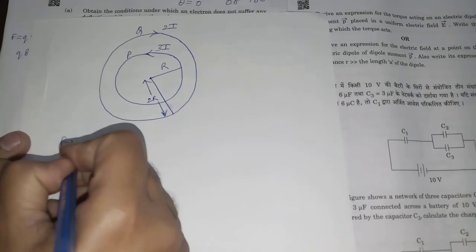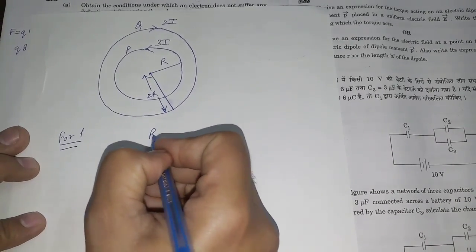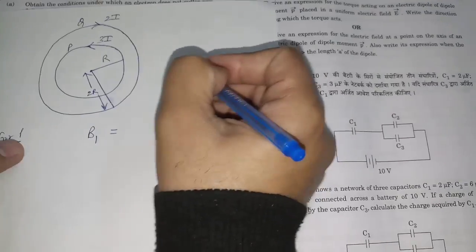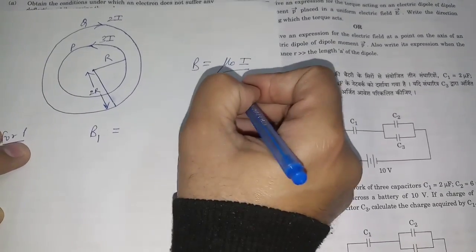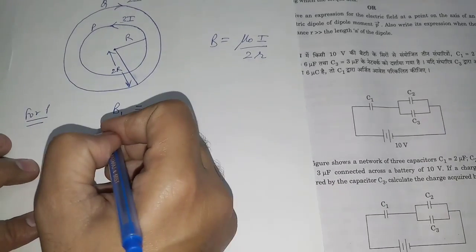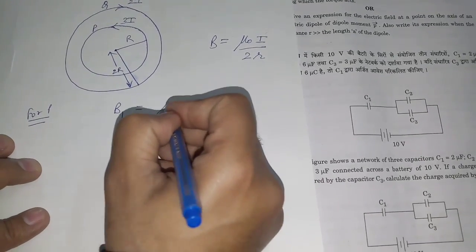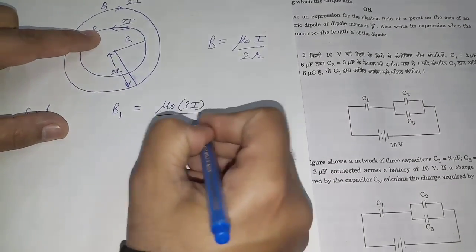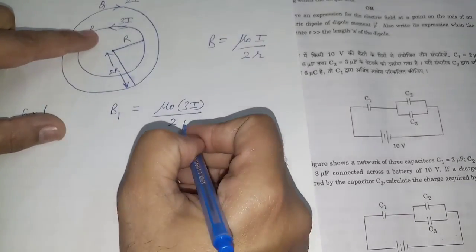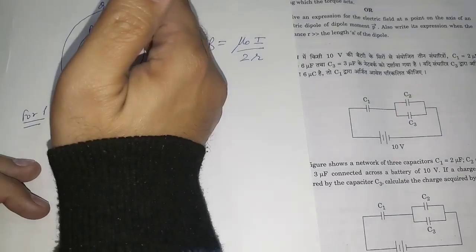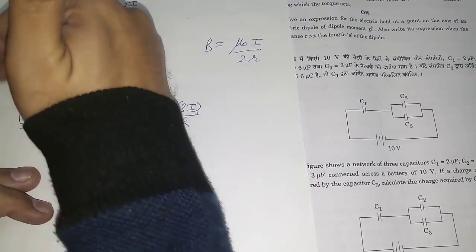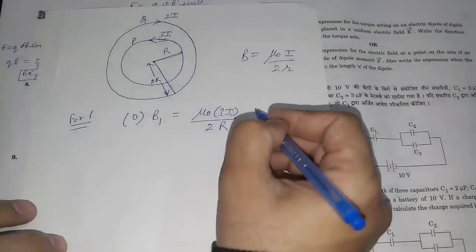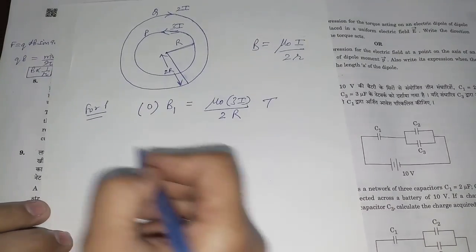So for P first, say the magnetic field is B1. Now you know the general formula for finding the magnetic field, which is mu naught I upon 2R. So B1 would be mu naught into 3I upon 2 into R, where R is capital R, and the direction by using the right hand thumb rule, we get the magnetic field in the outward direction, and write the unit Tesla.